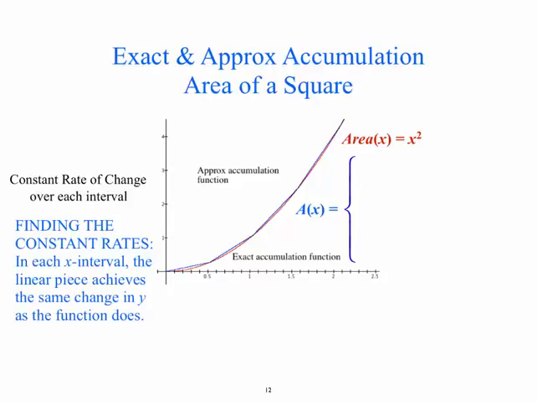What will the general structure of our approximate accumulation function be in that first interval? Anyone think they know? Yes, sir? What's that? Times 1/2? The length of that interval, so we have delta x at 0.5.